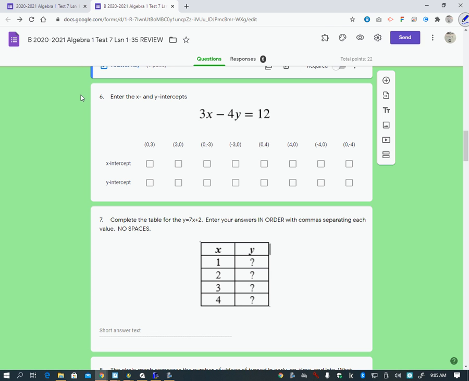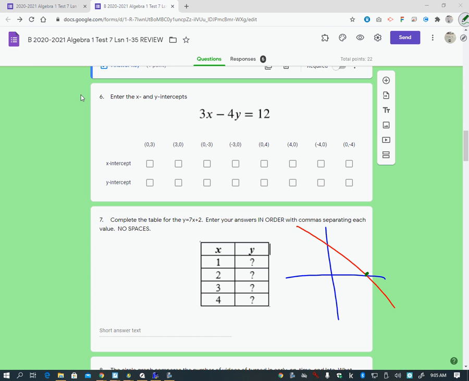Okay, so let's say I drew a coordinate plane, looks something like that, right? Could anybody come up here and show me the x and y intercepts? Just put a dot where the x and y intercepts are. Go ahead. Yeah, come on.